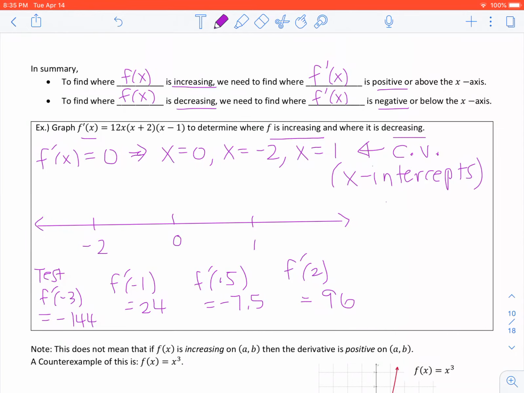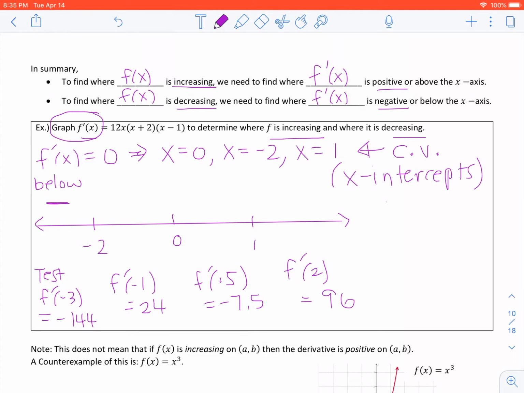So the first interval, we have a negative value. That means that the slope of our function is decreasing, but the graph of our derivative, which is what it wants us to graph, is going to be below our x-axis.